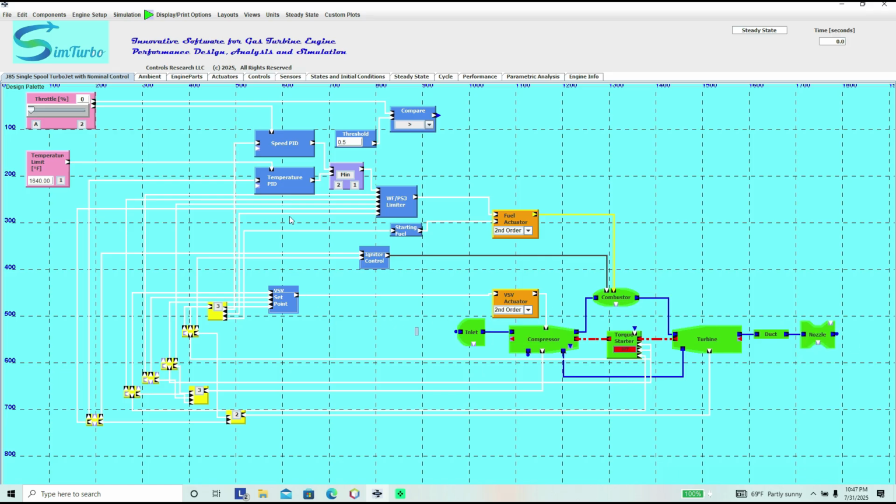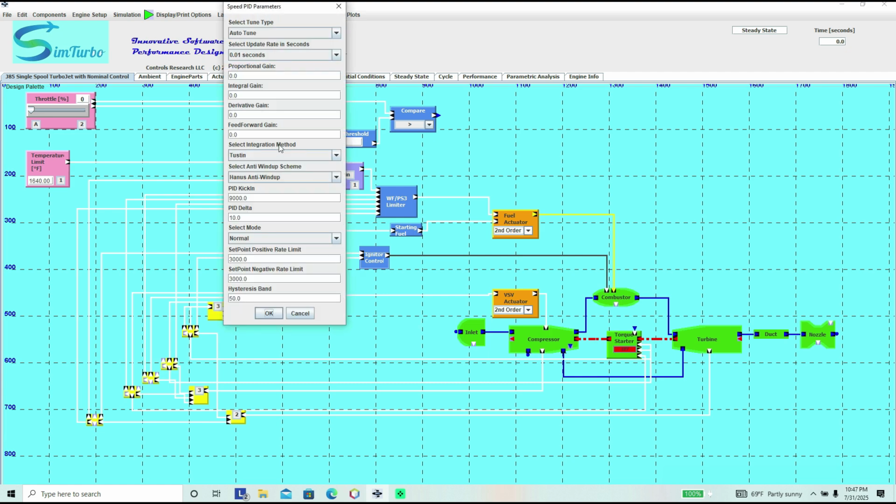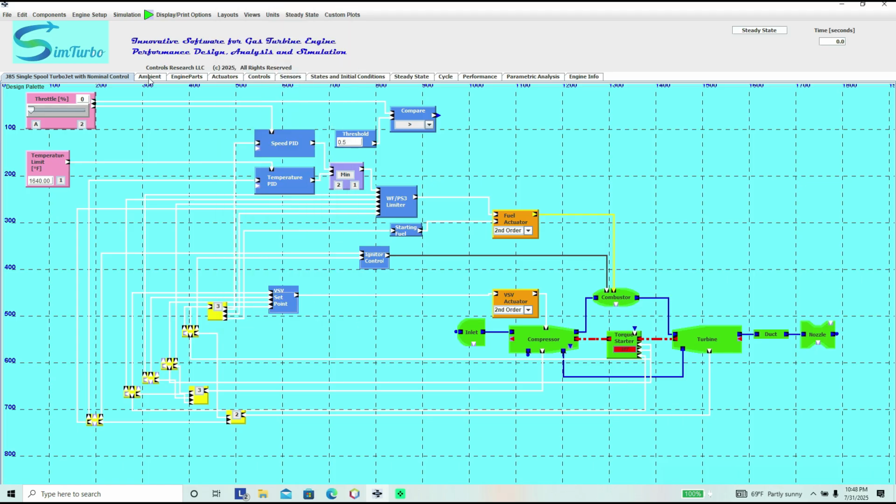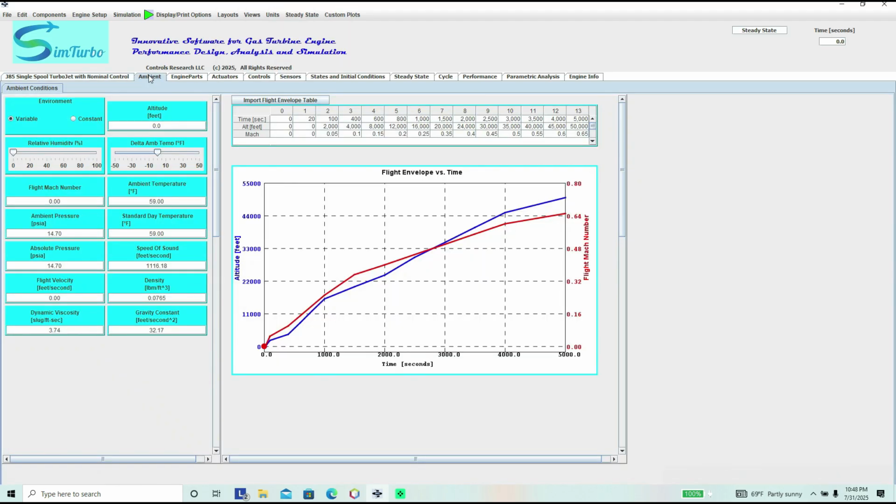For each of these components, if you double click on them, it brings up a screen where it allows you to make different parameter selections. This tab shows the ambient conditions, and you'll see as a function of time we can see how these parameters such as ambient temperature, ambient pressure, and so forth are moving.